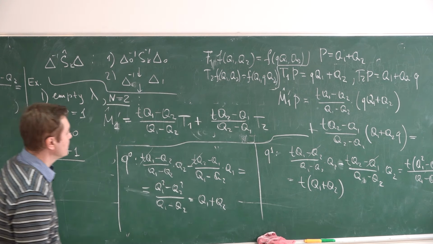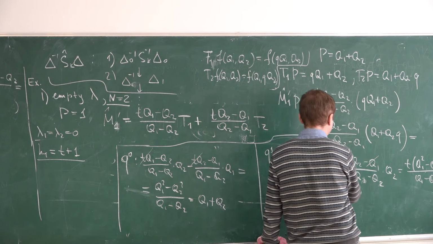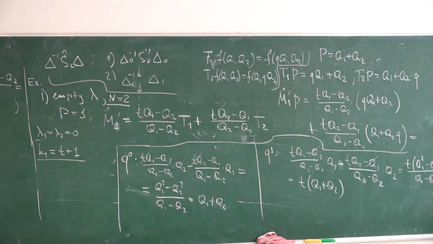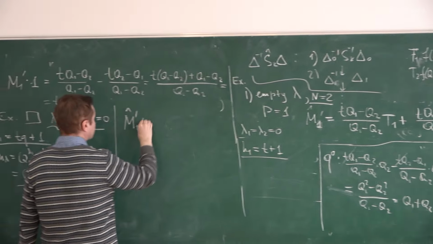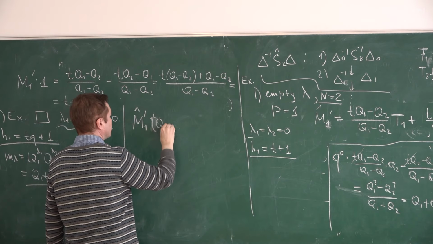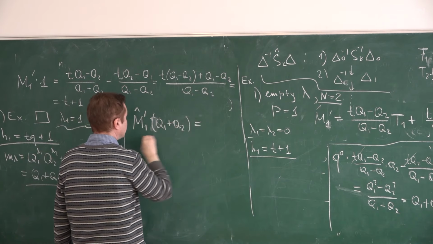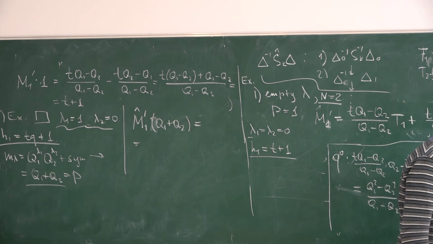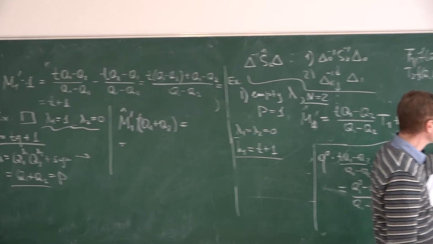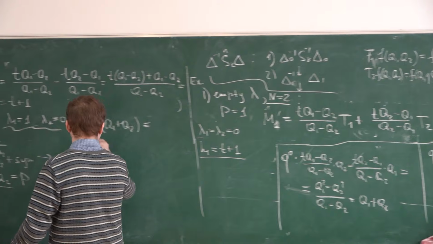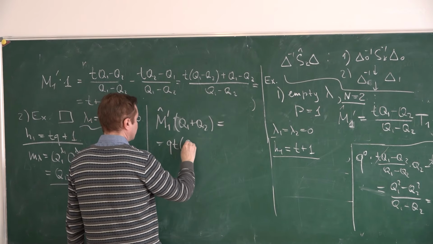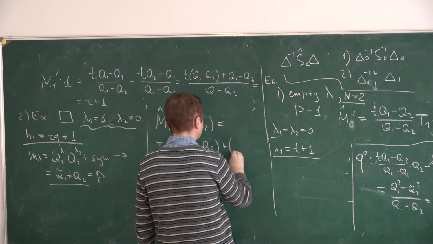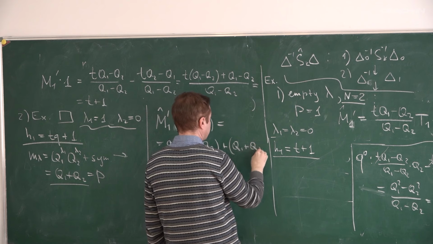So finally, our M1 prime acting on Q1 plus Q2 provides us, first, this was the coefficient behind q, so we have q T Q1 plus Q2, plus Q1 plus Q2.